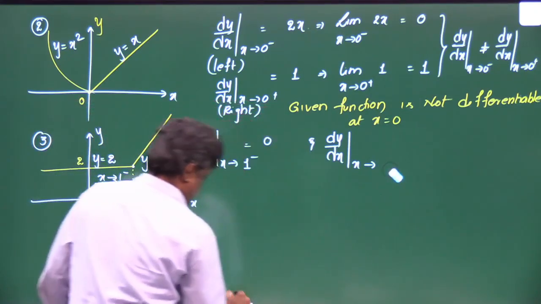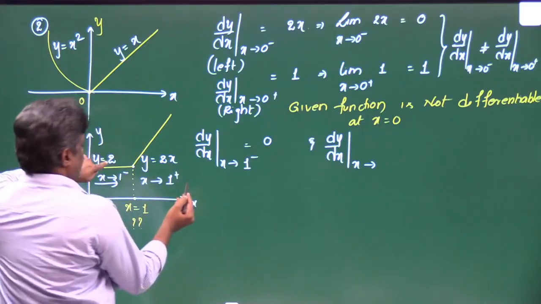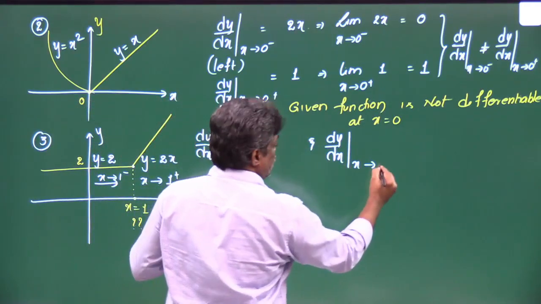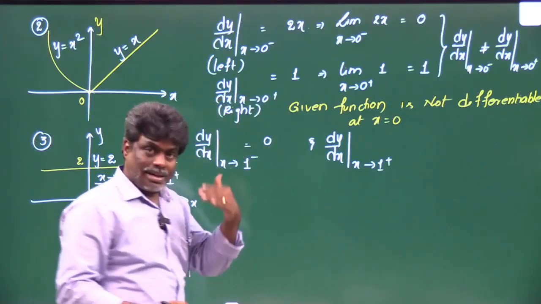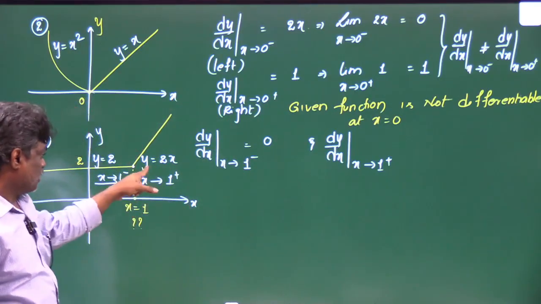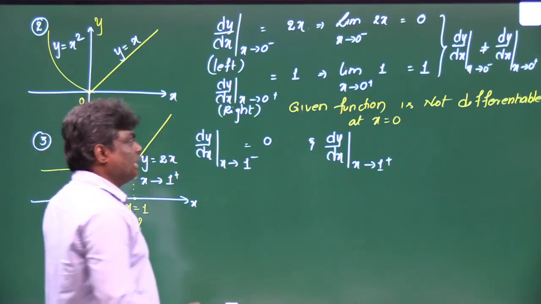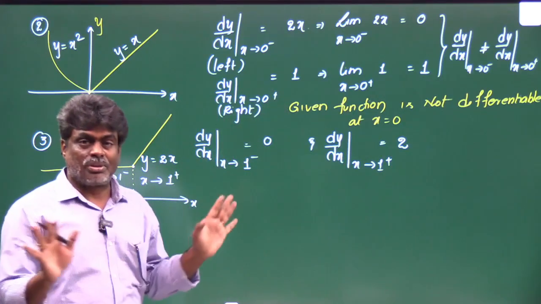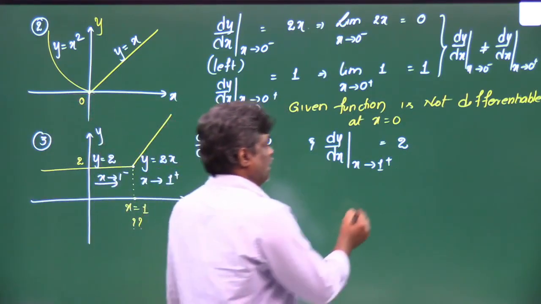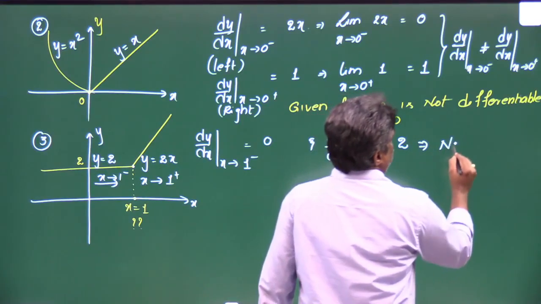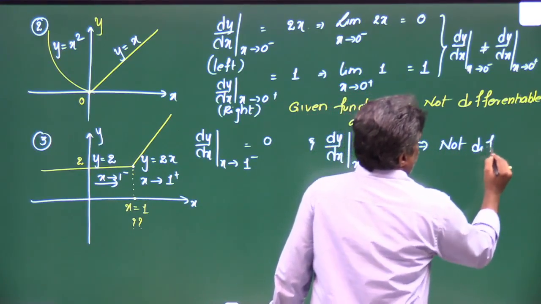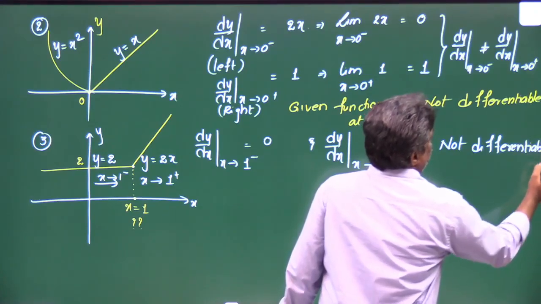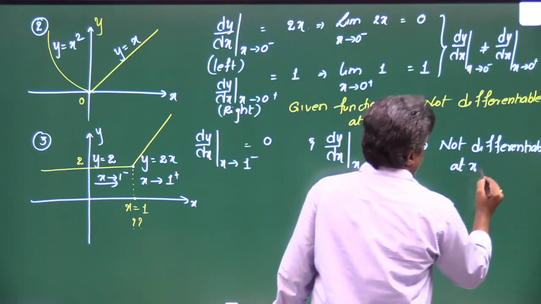So for 1 minus, of course, it's a constant, derivative is 0. And dy by dx as x tends to 1 plus, that is the right side of x equal to 1, you have the function y equal to 2x and its derivative is 2. Unfortunately, both are not same. That's why we can say not differentiable at x equal to 1.